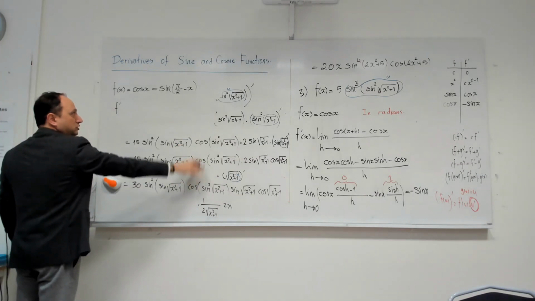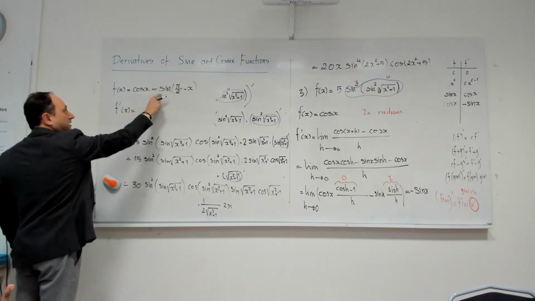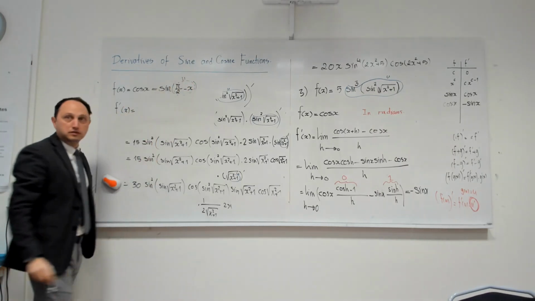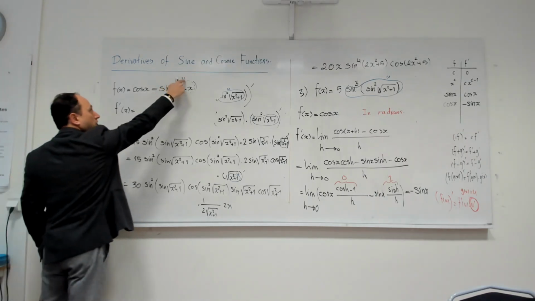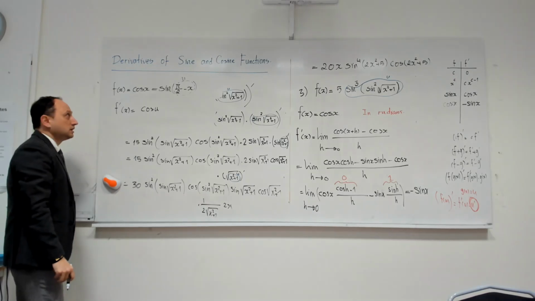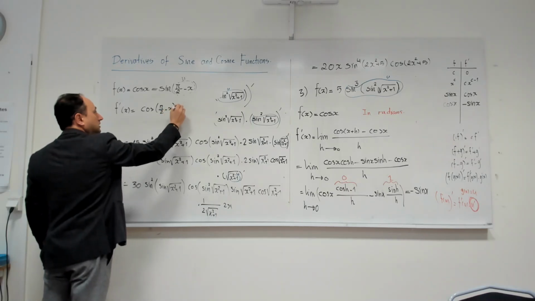If I take pi over 2 minus x as u in my head, it becomes cosine of u, agree? And multiplied by u prime.